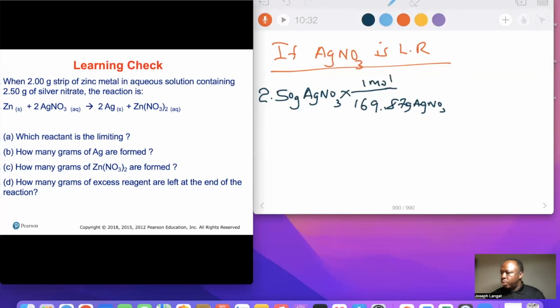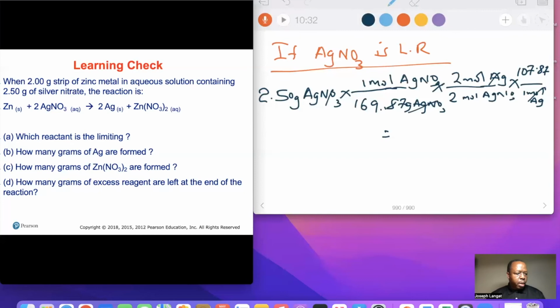So 1 mole of silver nitrate, the mole ratio between silver nitrate and silver: for every 2 moles of silver nitrate, 2 moles of silver are produced, using the atomic mass of silver, 107.87 grams per 1 mole of silver. So we end up with 1.59 grams of silver.